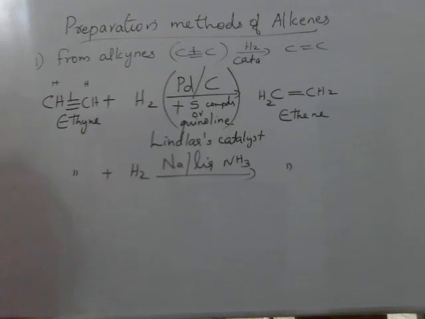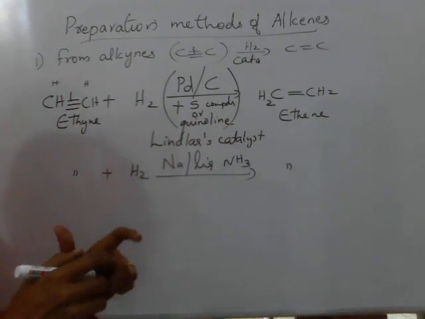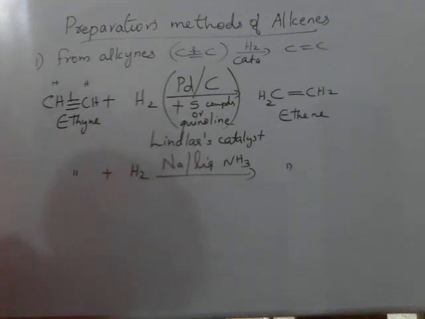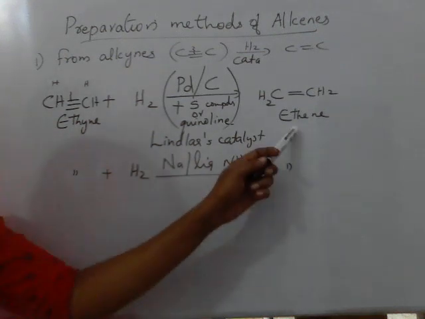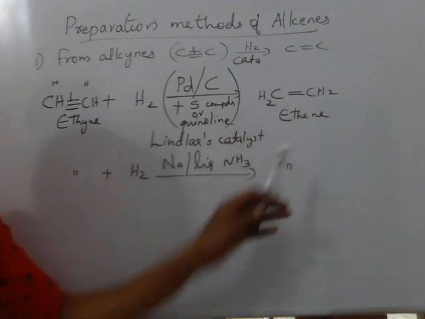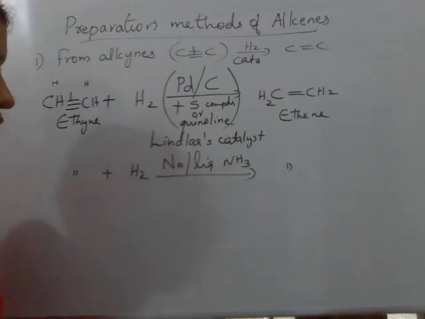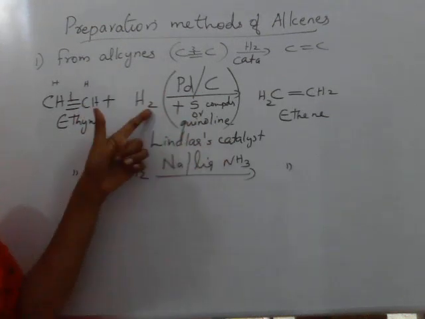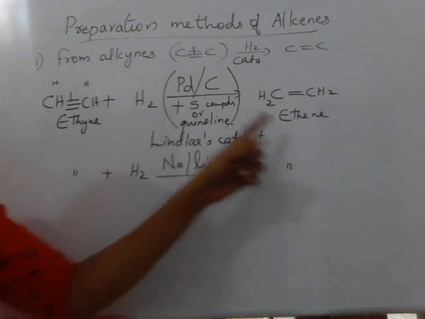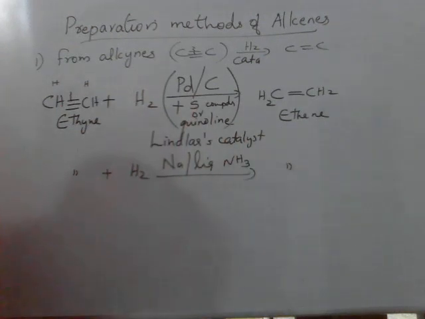And in the case of product alkenes which can show geometrical isomerism, that is cis-trans isomerism, if possible in the alkene, the Lindlar's catalyst gives cis-alkene. In the presence of sodium in liquid ammonia, trans alkenes are produced. Because ethene does not show cis-trans isomerism, here there is no difference. But in the case of an alkene product where cis-trans isomerism is possible, with the Lindlar's catalyst, the hydrogenation reaction gives the cis isomer. With sodium in liquid ammonia, we get the trans isomer.